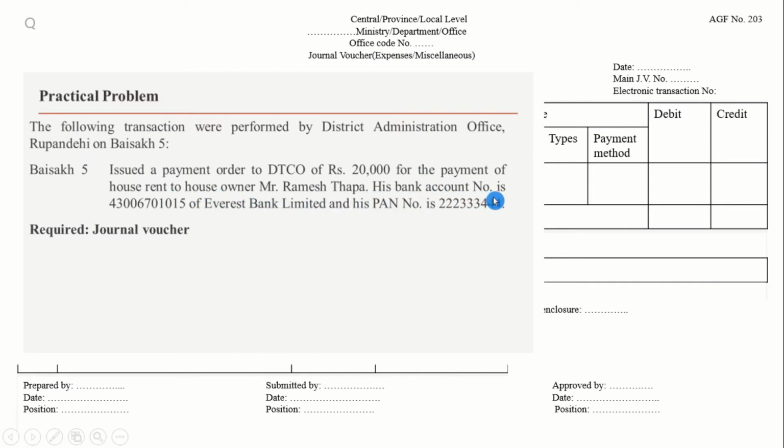His bank account number is 4300-670-1015 of Everest Bank Limited and his PAN number is 222-333-444. Required: journal voucher. So with the help of the given information, we have to prepare a journal voucher of District Administration Office, Rupandehi. Only one date is given, so of Baisakh 5.